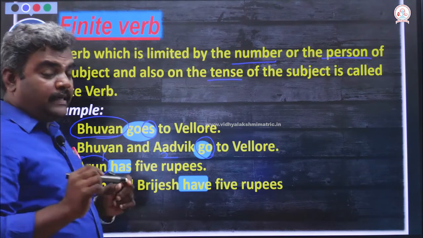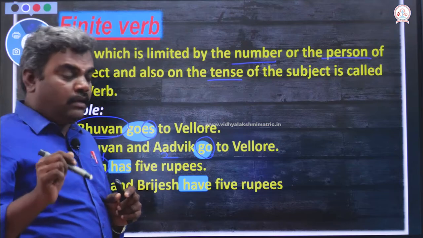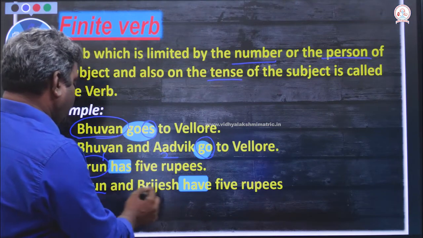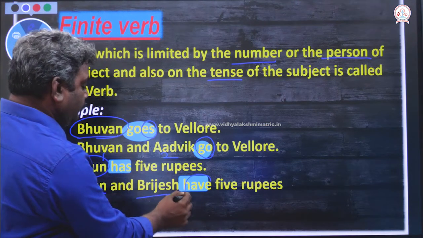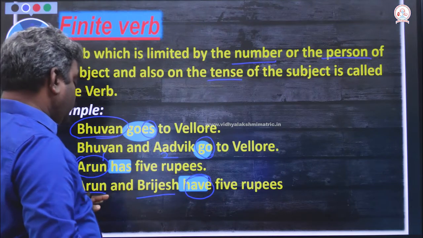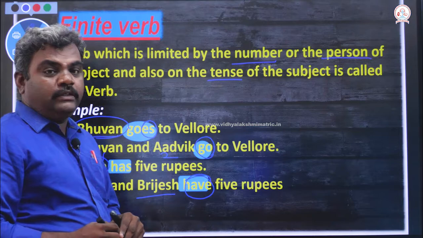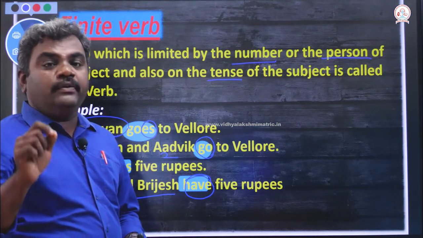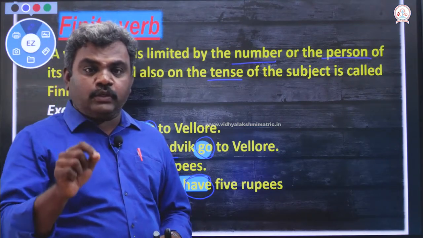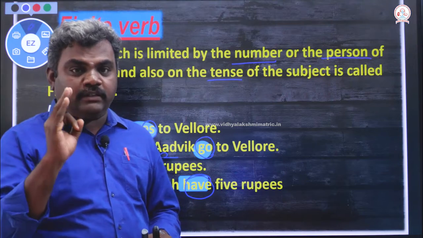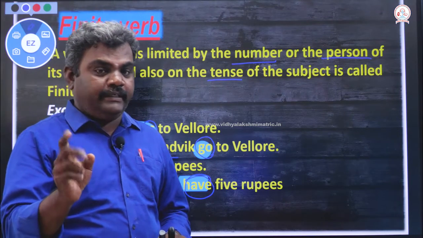Singular, that's why it brings a singular verb. Arun and Brajesh have 5 rupees. Because both are plural, we have used the word have. This is called finite verb, which is limited or controlled by the tense or number or the subject. Keep that in your mind.